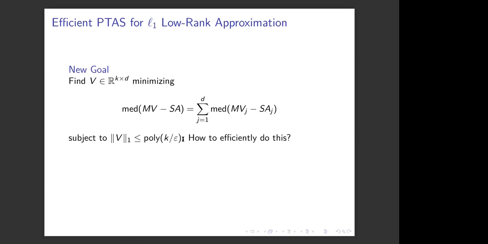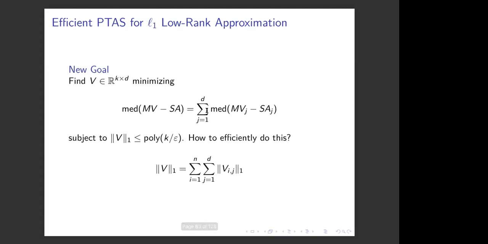So it actually turns out to be non-trivial to enforce this constraint. First of all, each of these individual problems decomposes across the columns, and each of these quantities can be minimized separately in FPT time, because M is a poly k over epsilon by k matrix, V sub j has k entries, and S times A sub j has poly k over epsilon entries.